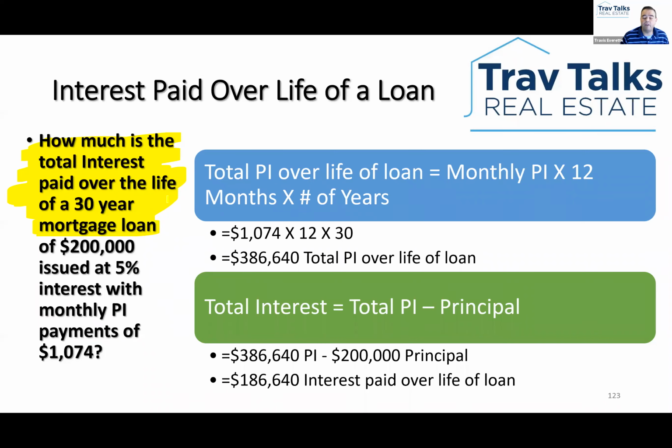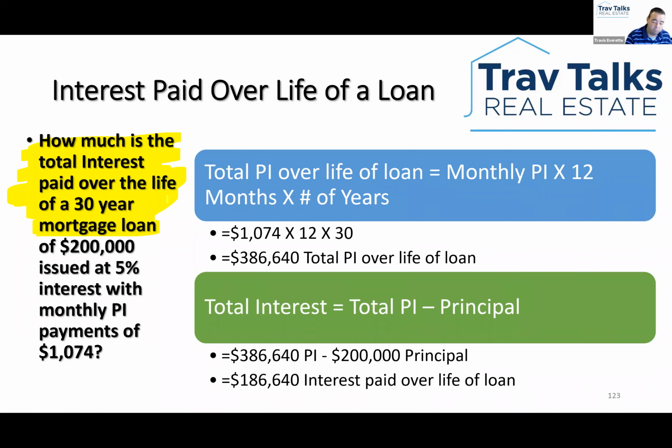Because if we can calculate the total paid over the life of the loan, we can just subtract the amount that was borrowed. Does it make sense that if we subtract the amount borrowed, the difference is the interest? Isn't it amazing that it could actually be that straightforward and that easy to figure out how much interest somebody pays over one of these 30-year loans? But it is that easy.